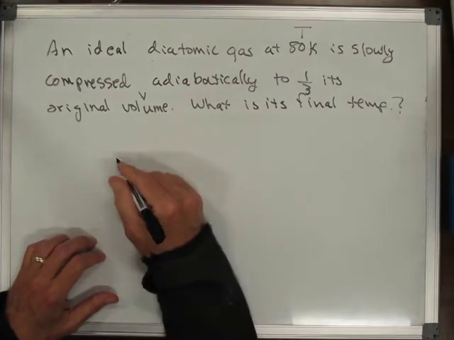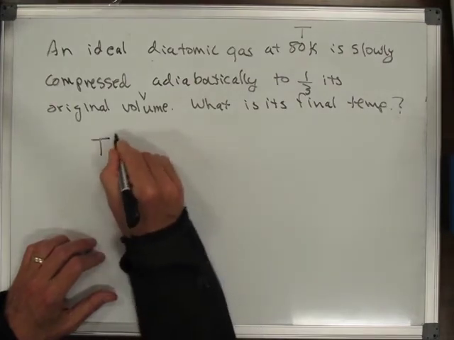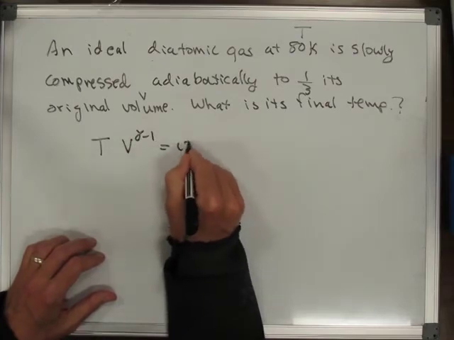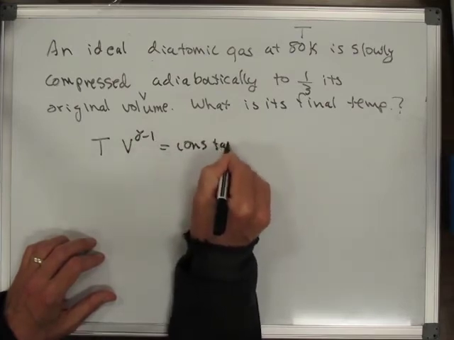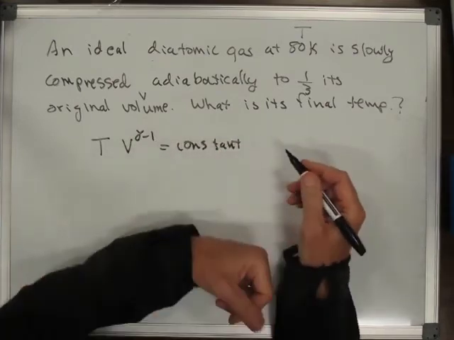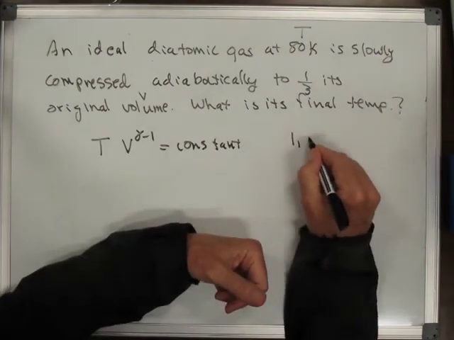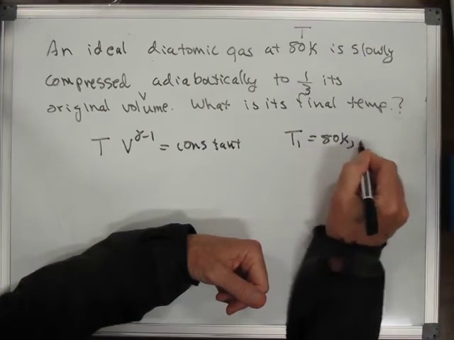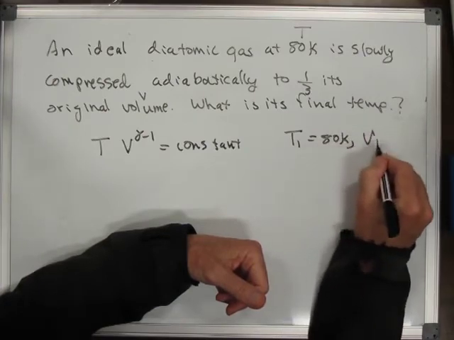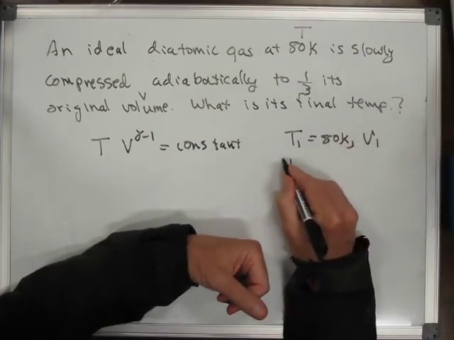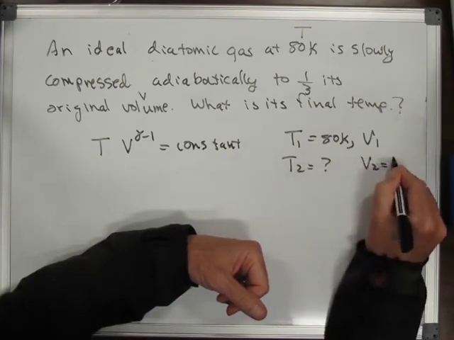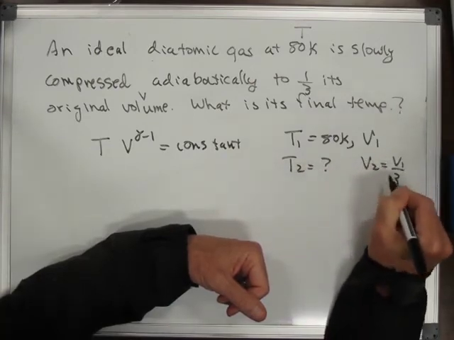And so I'm going to grab my adiabatic equation for that, which is T V to the gamma minus 1 equals a constant. Right? And so I have T1 is 80 Kelvin, and V1 is whatever it is. And then T2 is question mark, and V2 is V1 over 3.